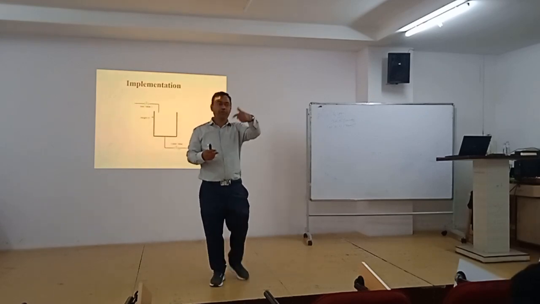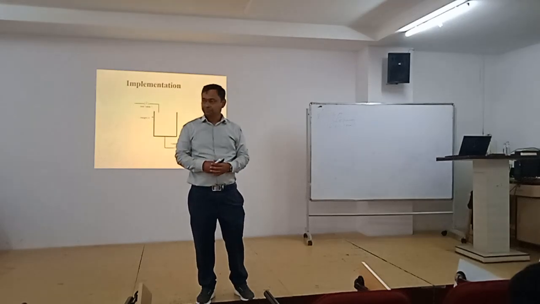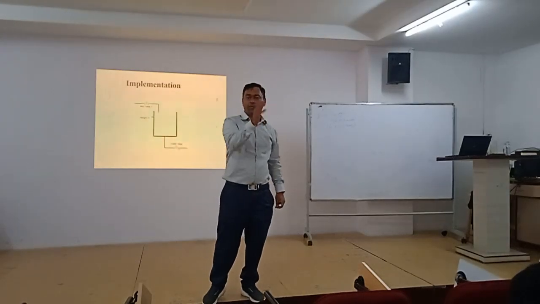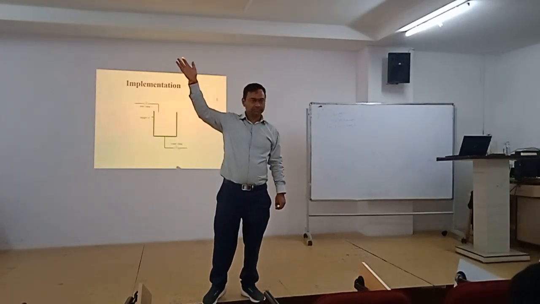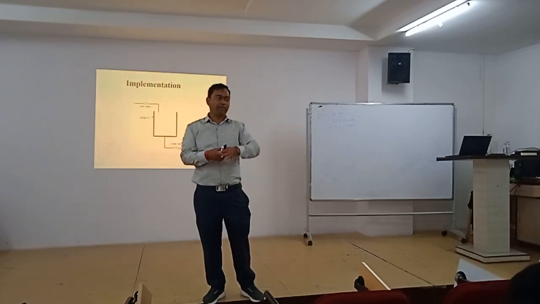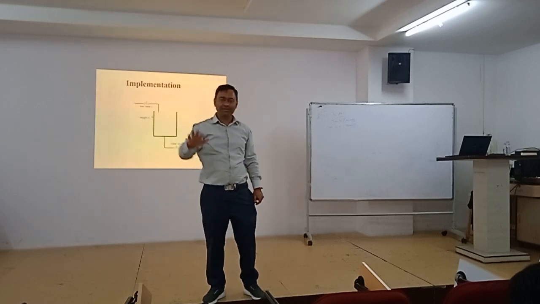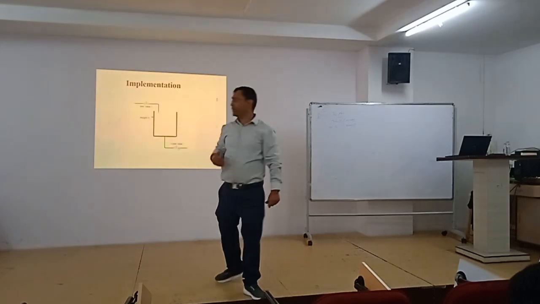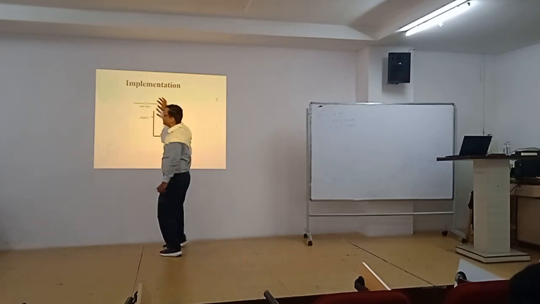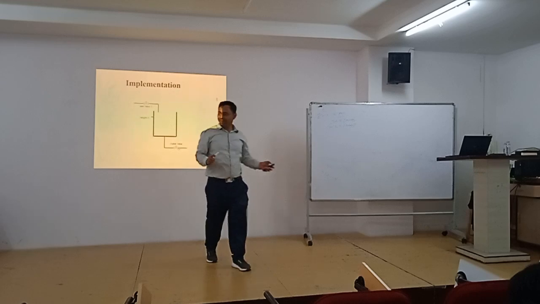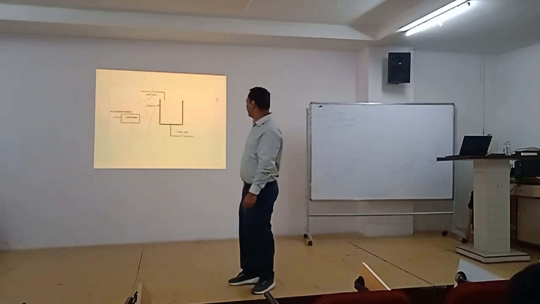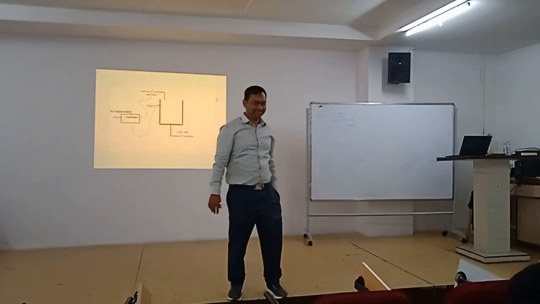That comparison you should do in the controller, and that controller will give output to the valve. After comparing in the brain, we were just commanding our hand to open or close the valve. So the controller should give output to the valve. Correct? So it will look somewhat like this.